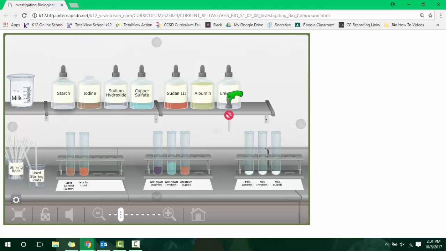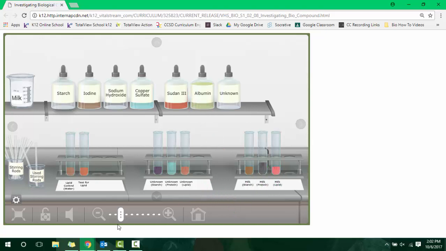Oh, okay. Oh my gosh, it's being tricky. Okay, there's iodine. For proteins, we used a mixture of sodium hydroxide and copper sulfate. And we use Sudan-3 for lipid. Boom. Okay, so now we look at our results.